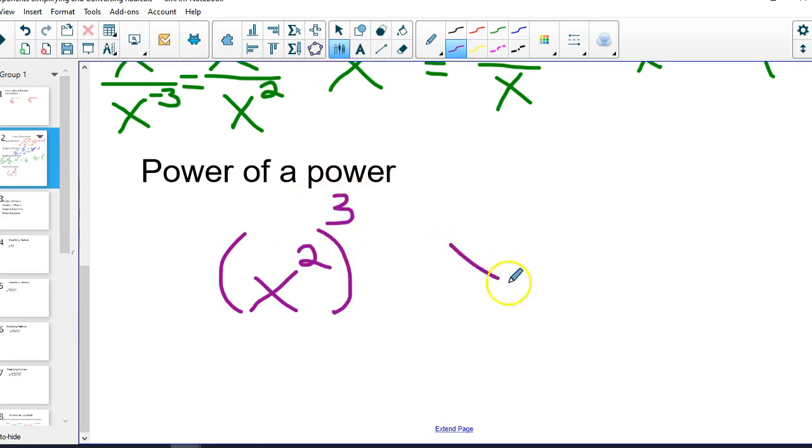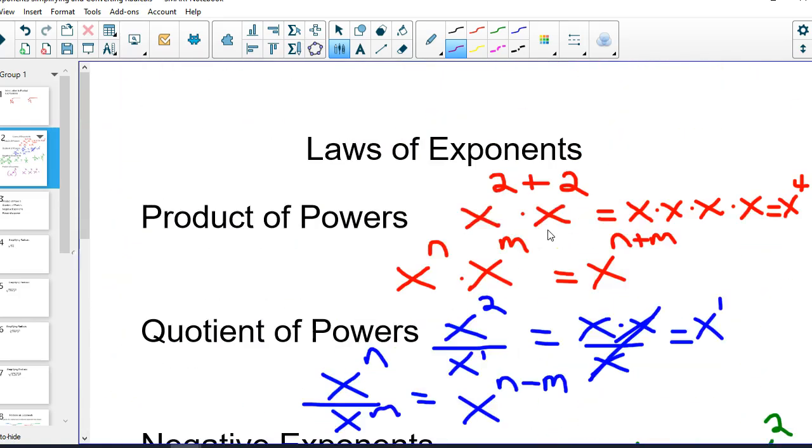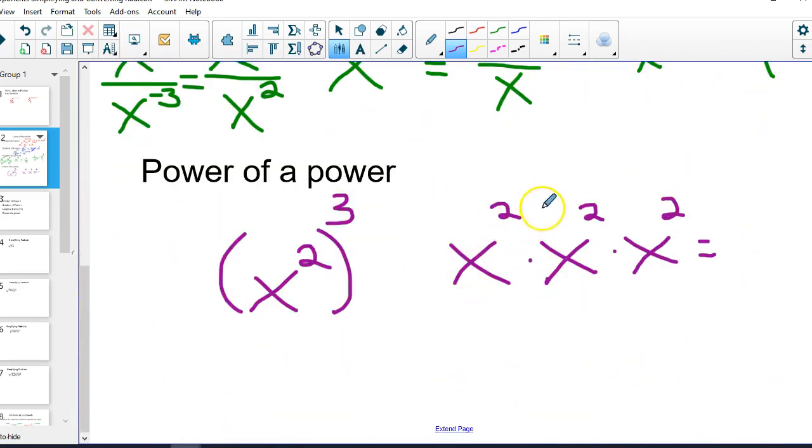So what this is saying is we have x squared times x squared times x squared. And we learned earlier that if we're multiplying powers, we can add them together. So we just have repeated addition. We're adding 2 three times. So we get x to the 6th power.